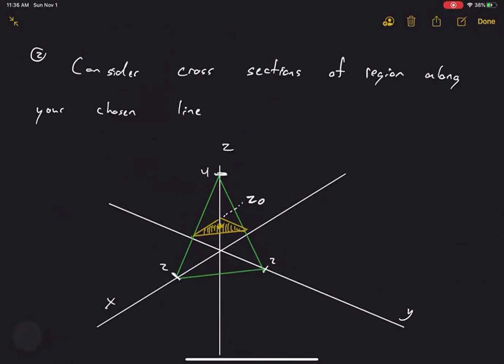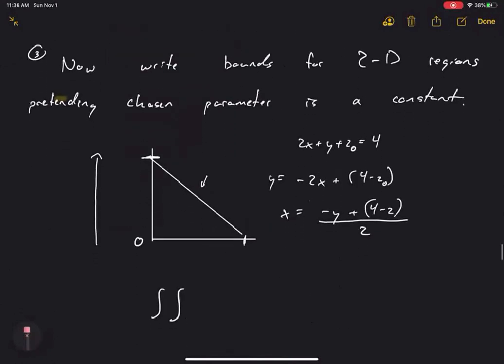So let's pretend our z is constant, and then this line is given by the equation of our plane. We're pretending z is constant, so we'll write z sub 0 instead of z. So what is the equation of that line? Well, it's this. Now I just want to write that in a way that helps me.